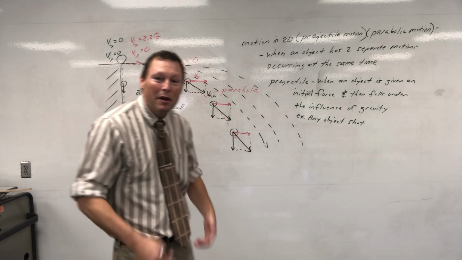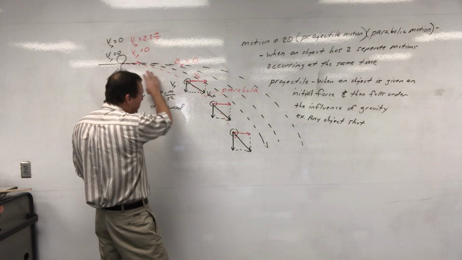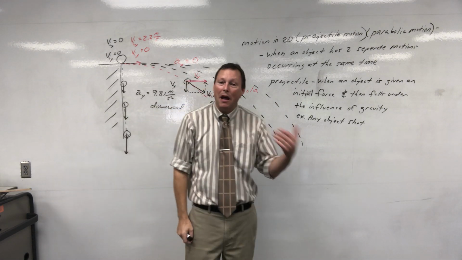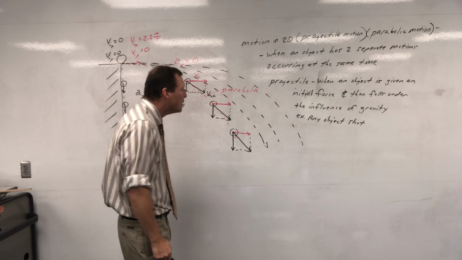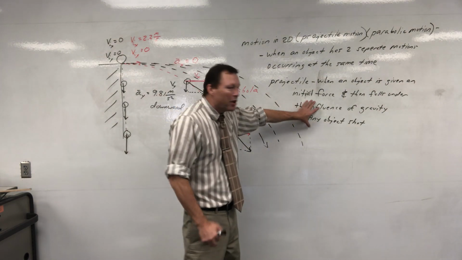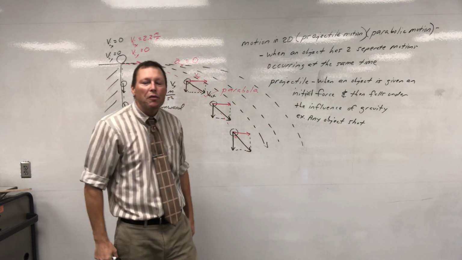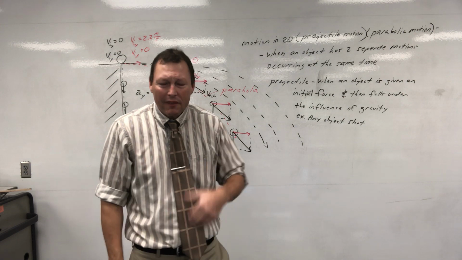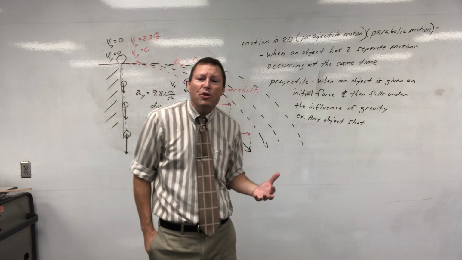If you were to take a slow motion video of that, hopefully you don't, your vomit would move in the path of a parabola, all right? So any object that's given an initial push and then begins to fall under the influence of gravity is a projectile.